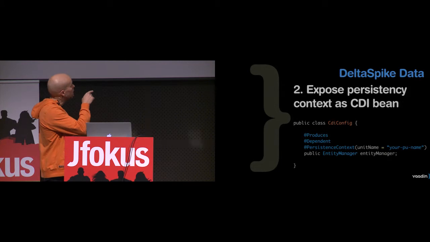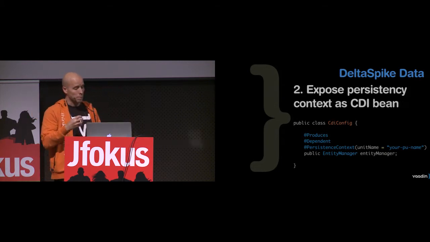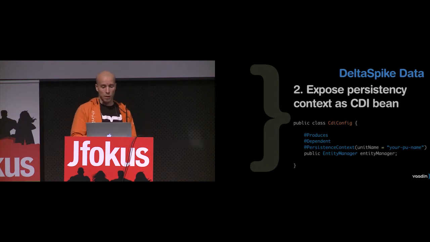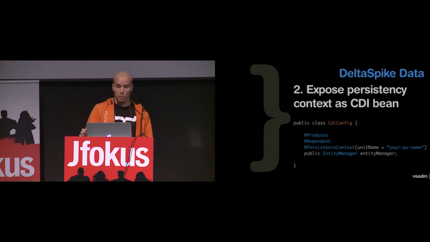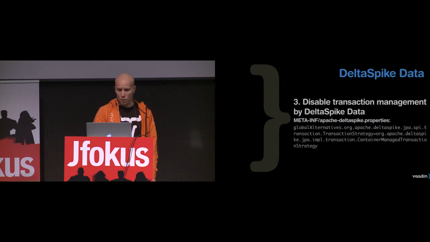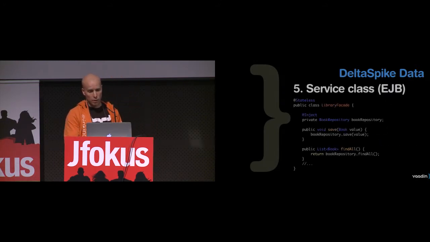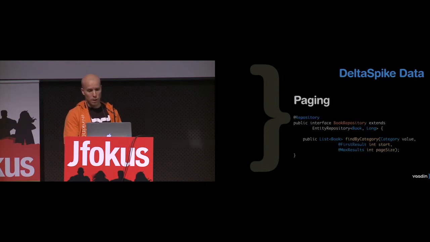So that's why you have to create this kind of producer which will expose it to your CDI code. After this, you can put the entity manager into any arbitrary CDI bean with a simple inject annotation. Then we configured the transaction management, and then we did the repositories and modified the service class.